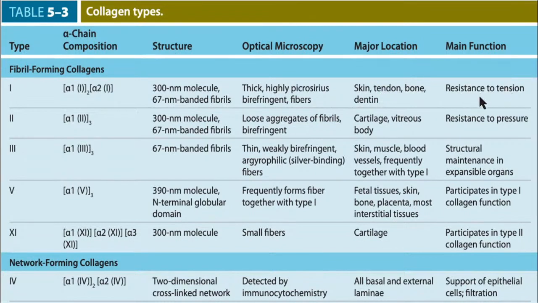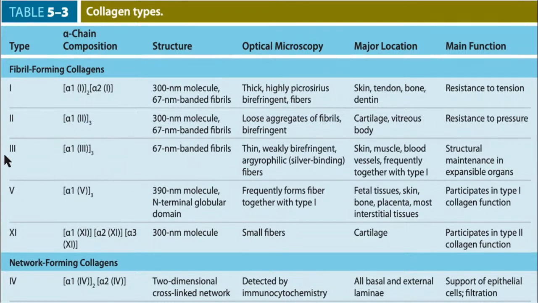Of course, its function is resistance to tension. Collagen type 2, also 300 nanometers, same parameters. Loose aggregates of fibrils, birefringent, and we also have it in the cartilage and vitreous body, and it provides resistance to pressure.